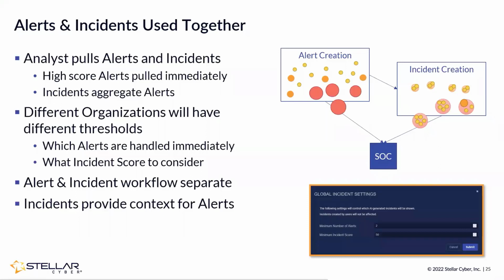So these workflows are a little bit separate. And also, if an alert is part of an incident, the incident can provide details, much like the panoramic views and other things can provide some context for the individual alerts.